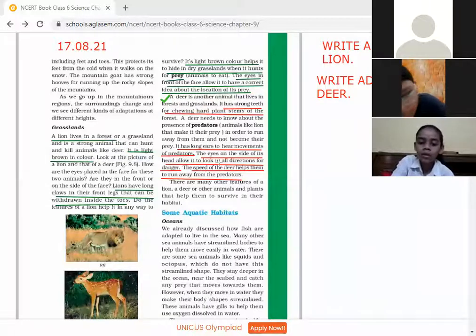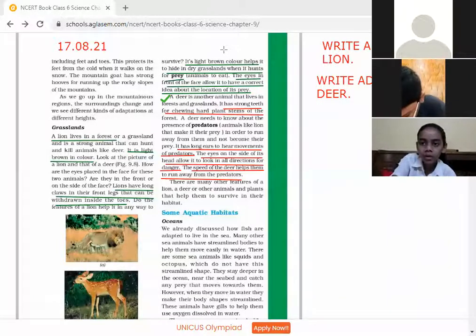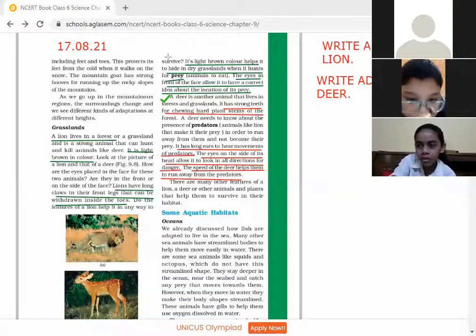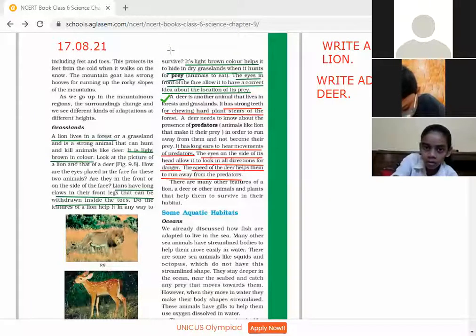Four or five points you can make for the adaptations of deer. These are the adaptations of deer. I hope you have understood. This is the answer for this question, adaptations of deer.